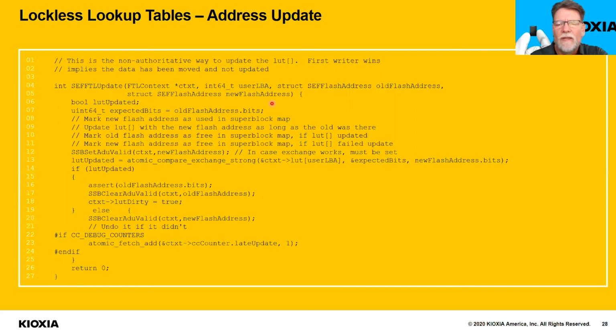And so we can handle race conditions between incoming data overwrites from users and offloaded copy operations within the device by the use of atomic compare and exchange operations on the lookup table that allow us to handle the race conditions without having to introduce locks into the FTL. So a very important concept.